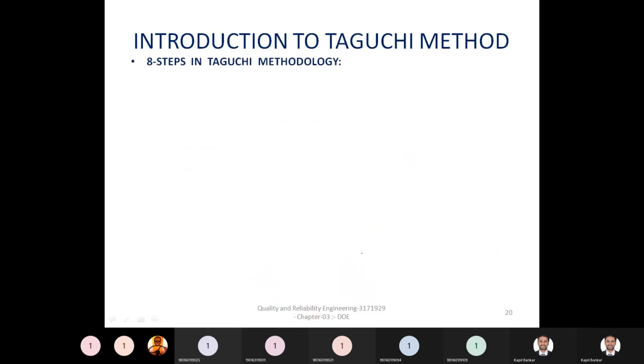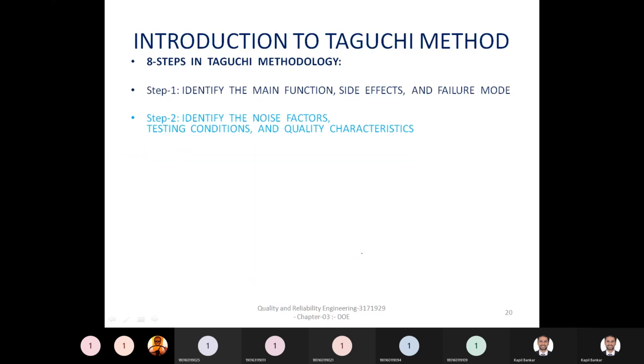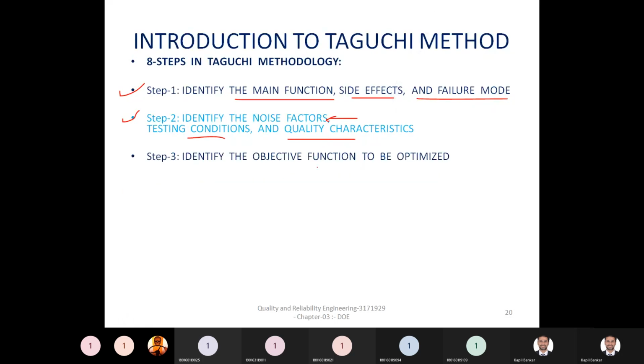Now, within a minute, I will go through 8 important steps in Taguchi methodology. Step number 1, identify the main functions, side effects and failure modes. Step number 2, identify the noise factors, testing conditions and quality characteristics. Step number 3, identify the objective to be optimized.